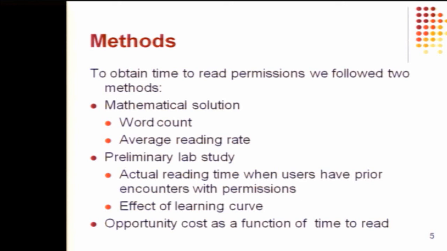In the lab study, as we'll see in further slides, we get the actual reading times taken by the participants to read these permission interfaces. Also, the motive behind the lab study was to see if the users can actually recollect from their previous encounters with the permissions. And we provide opportunity cost for both solutions as a function of time to read.